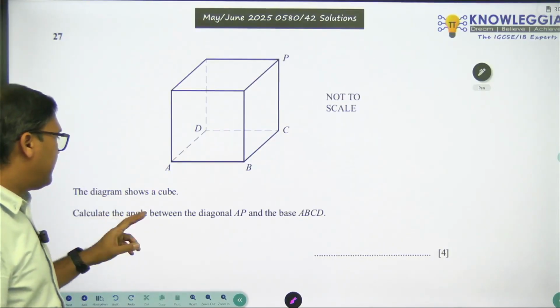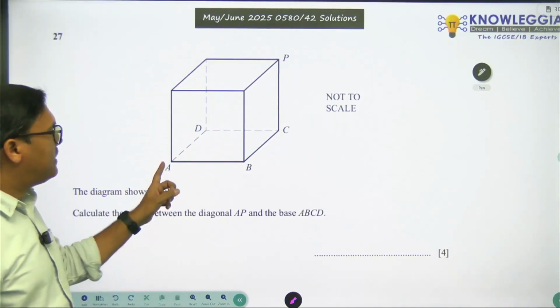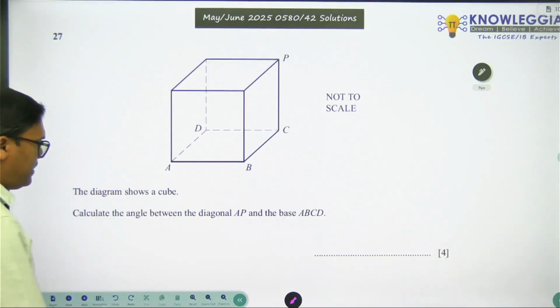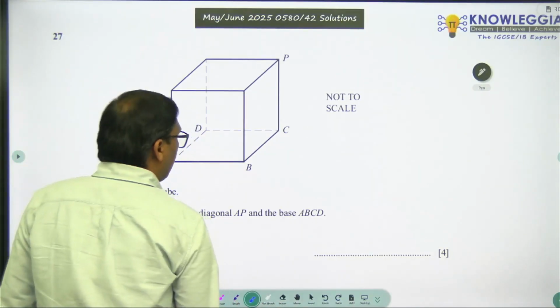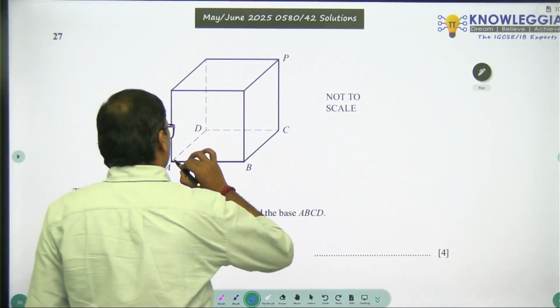The question is, the diagram shows a cube. Calculate the angle between the diagonal AP and base ABCD. So see, if you have to find the angle between the diagonal AP and the base, this is the diagonal AP.